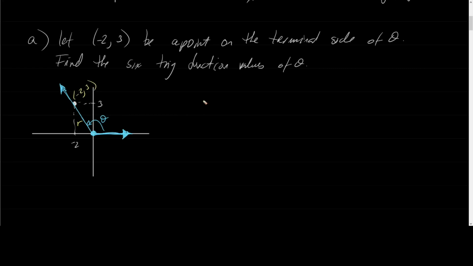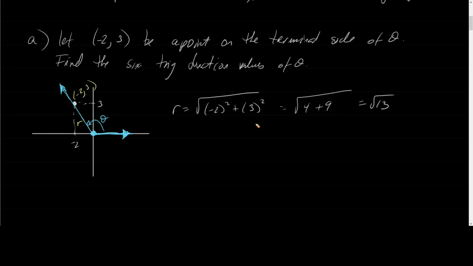So r would be equal to the square root of -2 squared plus 3 squared, right? Because it's x squared plus y squared. And that would say the square root of 4 plus 9, which would be the square root of 13. So r is equal to radical 13.